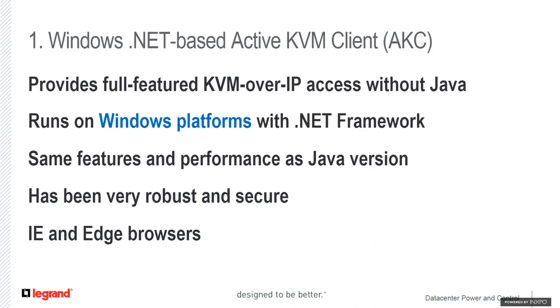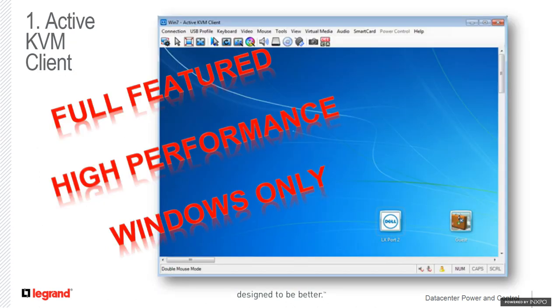It basically has the same features and performance as the Java version. It's been very robust and secure, and it uses the standard Microsoft browser. So if you're on a Windows platform, it's a great tool.